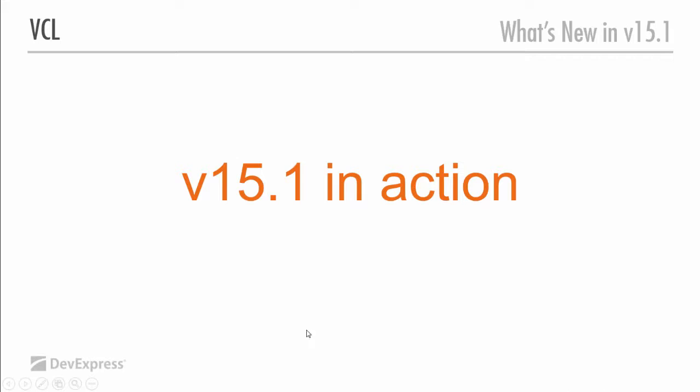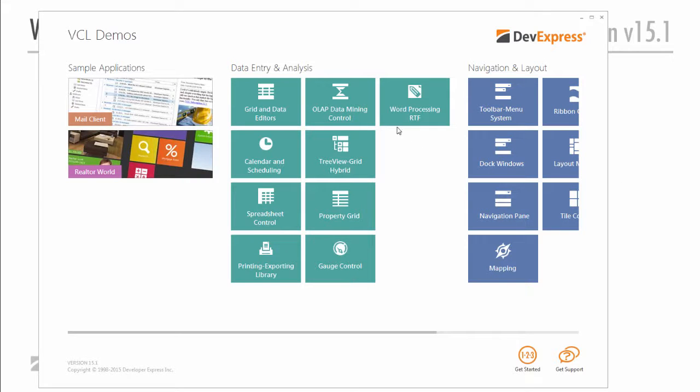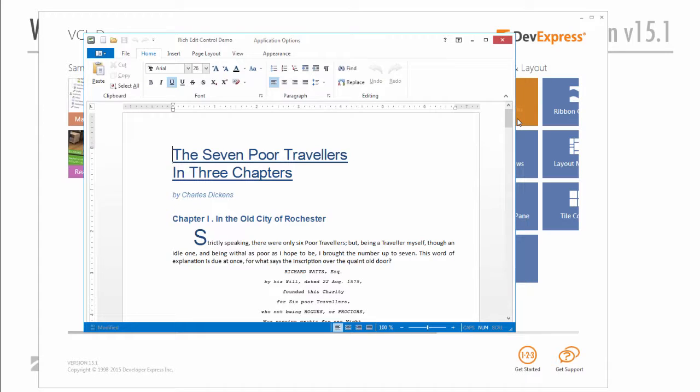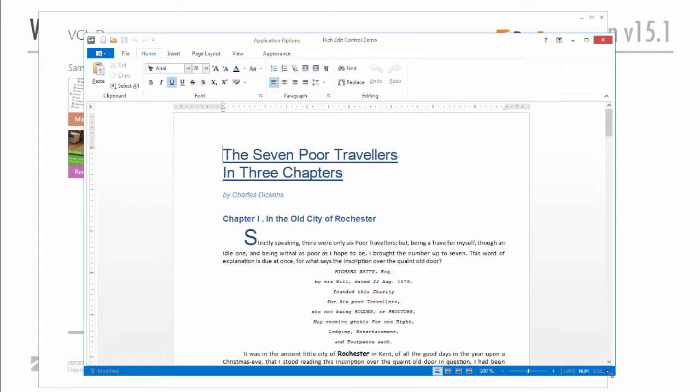Let me switch over to the demo center here, VCL Demo Center. I'm going to quickly show you some of the new features in our rich text editor. Let me drag it in from the opposite screen here. And, whoops, there we are. So, standard word processing type control.